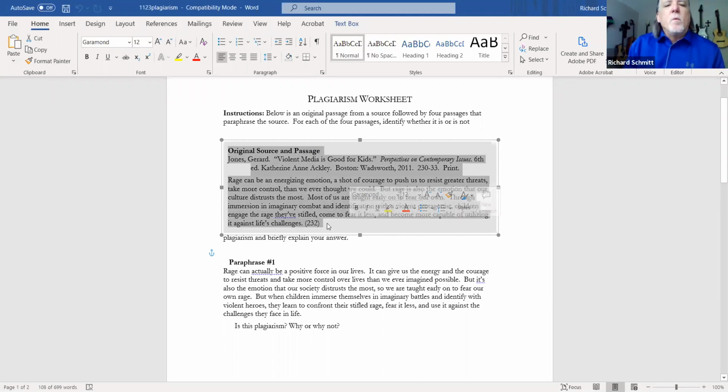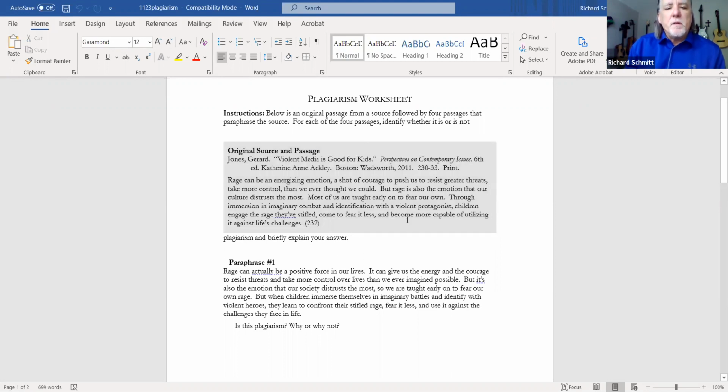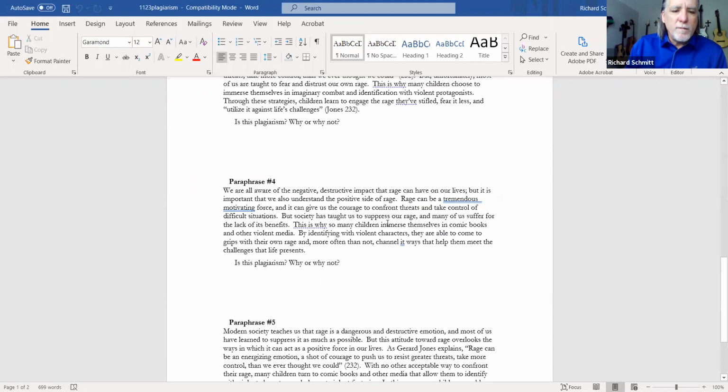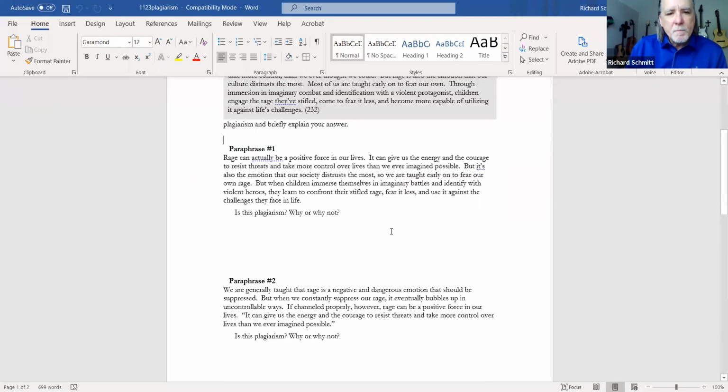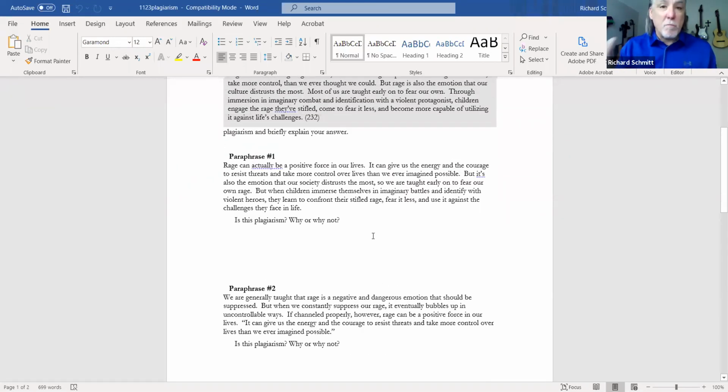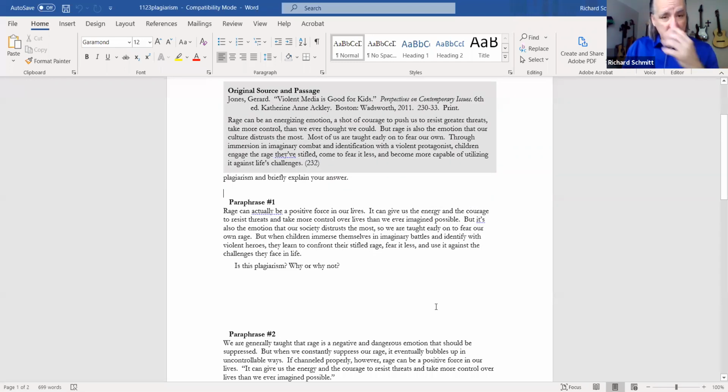But what you're looking to do is determine, you're pretending like each one of these, 1, 2, 3, 4, 5, is somebody writing and using this as a source, and then determining did they plagiarize or not.